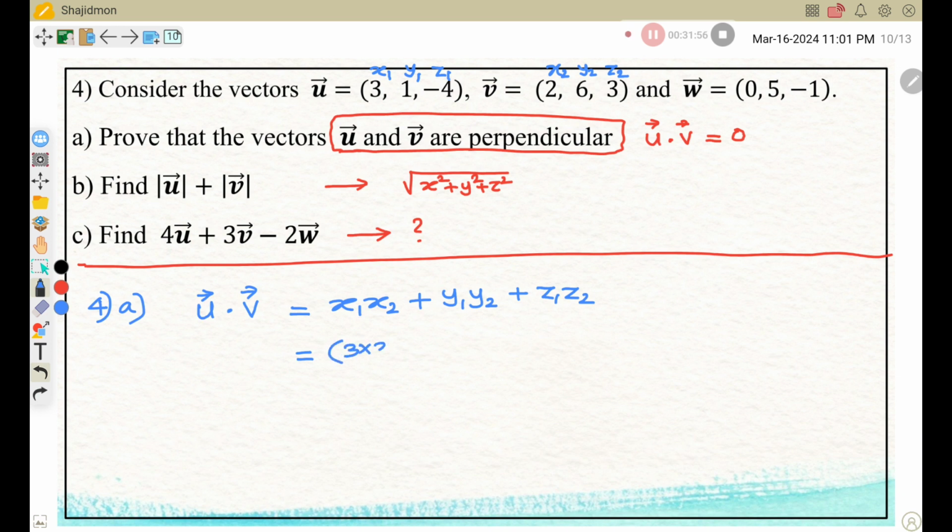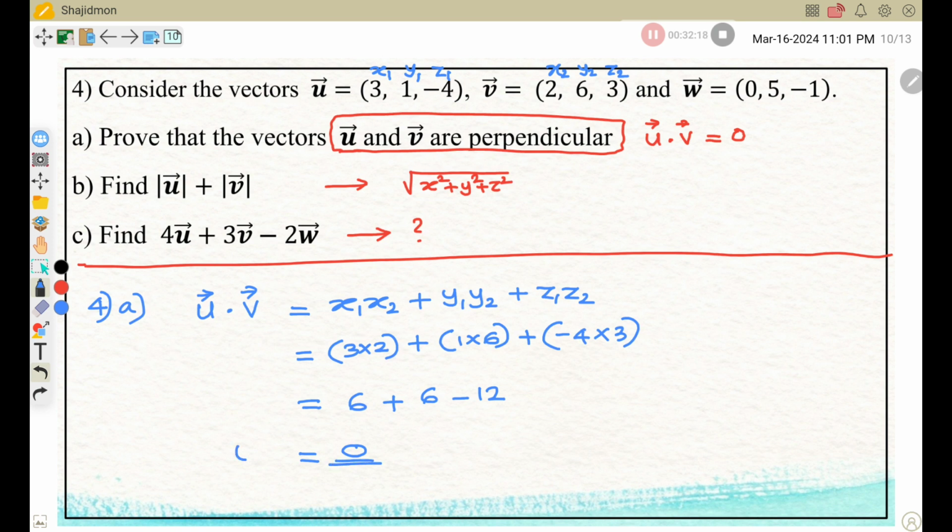So x1 x2: 3 multiplied by 2, plus y1 y2: 1 multiplied by 6, plus z1 z2: minus 4 multiplied by 3, correct? So we get 6 plus 6 minus 12. So 12 minus 12 equal to 0, correct?